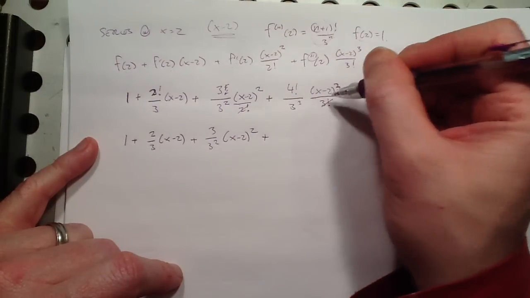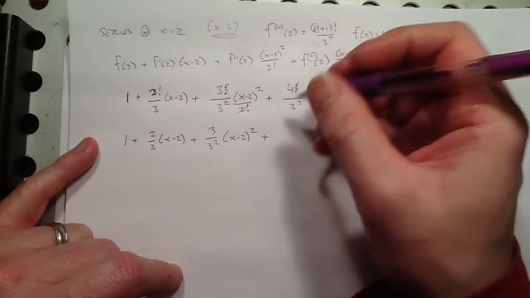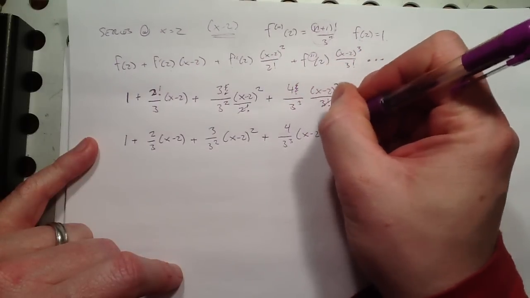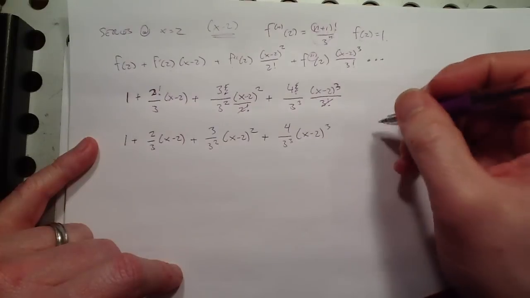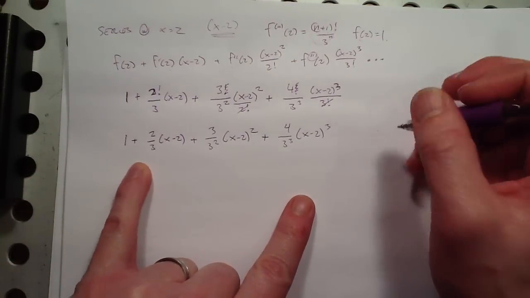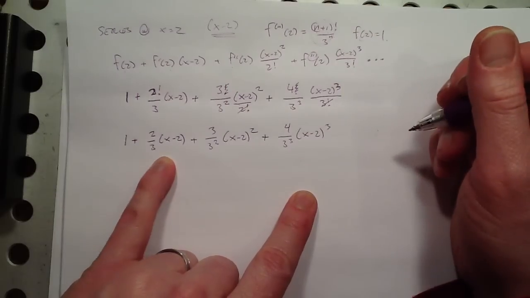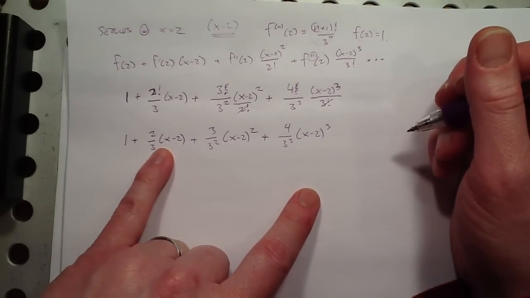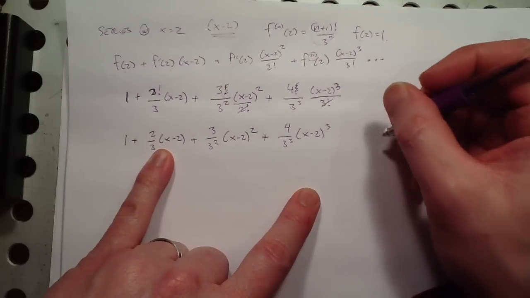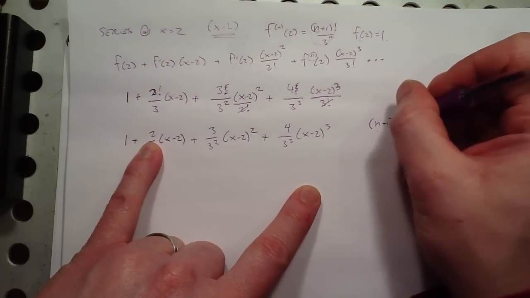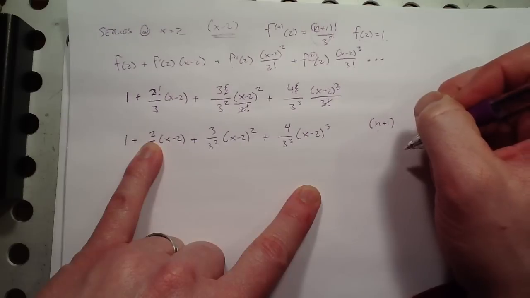And then that 4 factorial over 3 factorial knocks out everything except the 4. 4 over 3 cubed. And you can see what's going on. It's going to make it a little bit easier for us to write the general term, which will be, let's see, if we call this the 0th term, if this is the first term, then this number here would be n plus 1. I'm starting with 0.